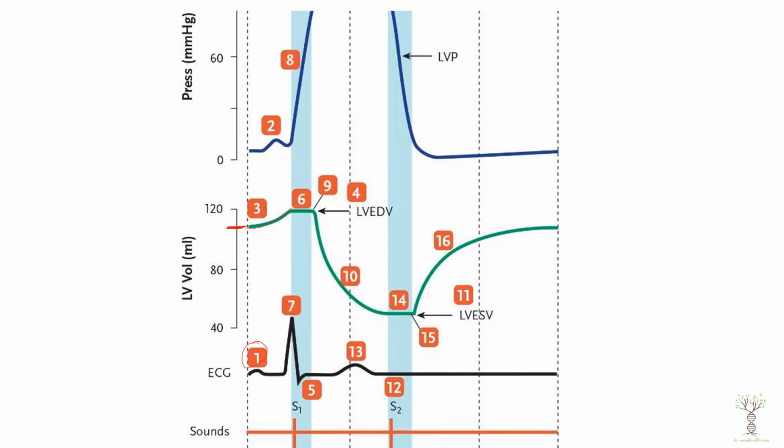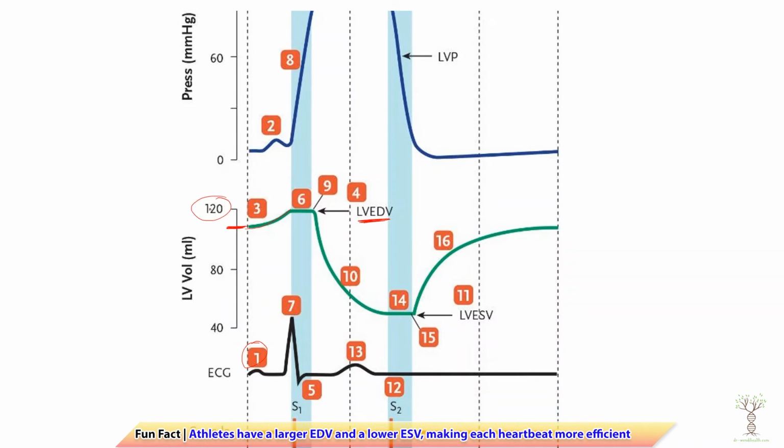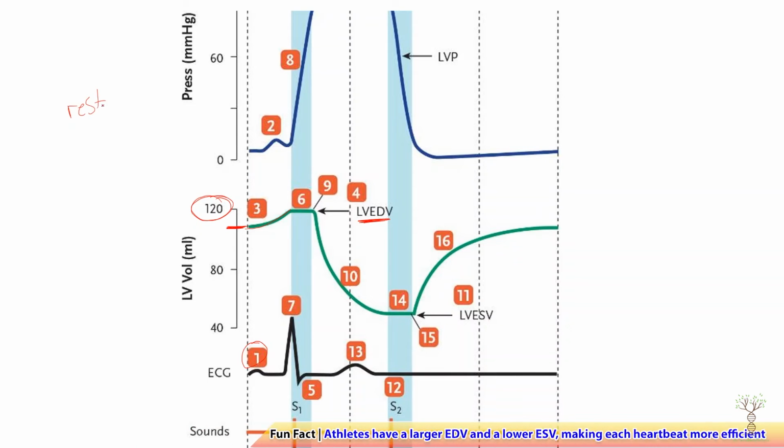Then when the atria contract, it is completely full, somewhere around 120 milliliters of blood volume in that full ventricle. The end diastolic volume is about 120 mils, and this is at rest.